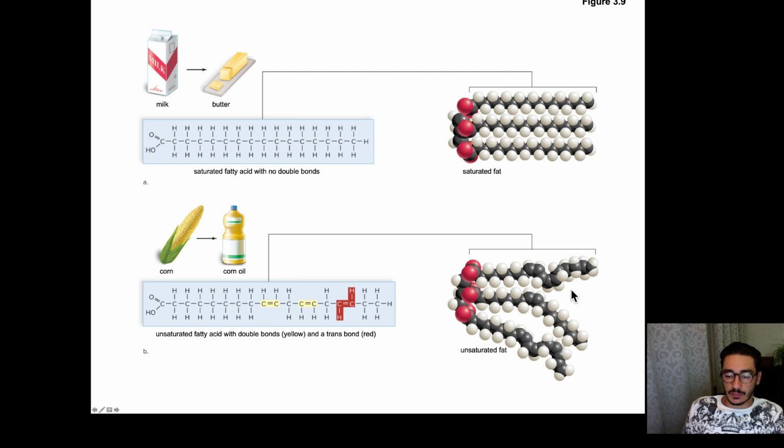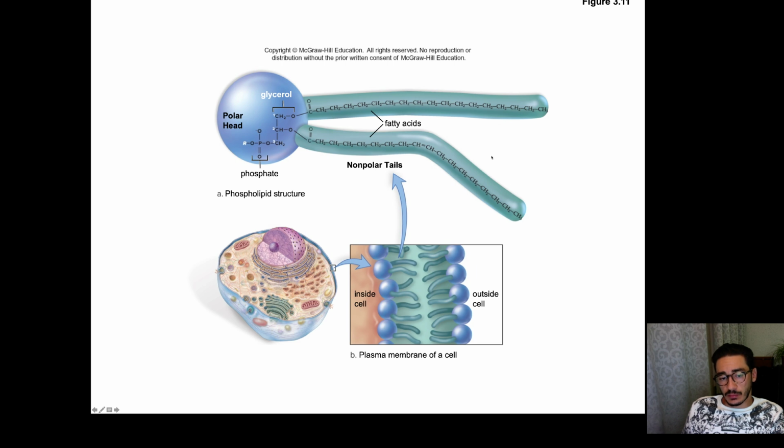If you remember, our membrane is made from fat, phospholipids. What it means is that we have a phosphate polar head and a backbone of glycerol, and we have two fatty acid chains, right?